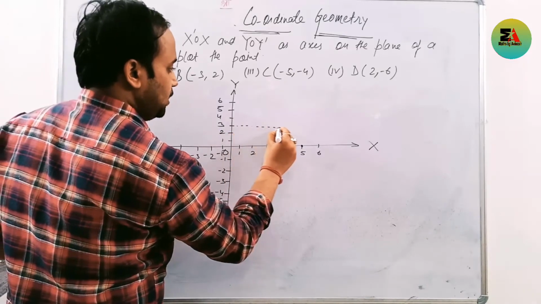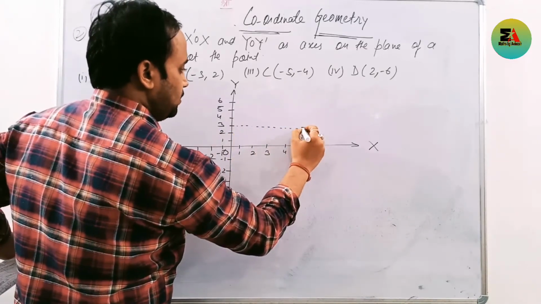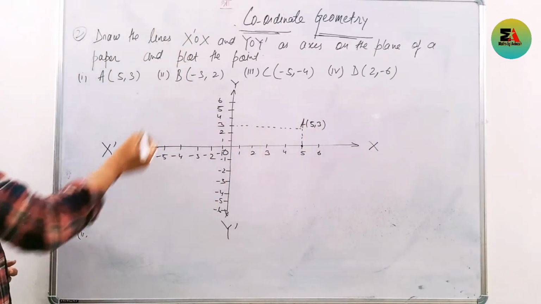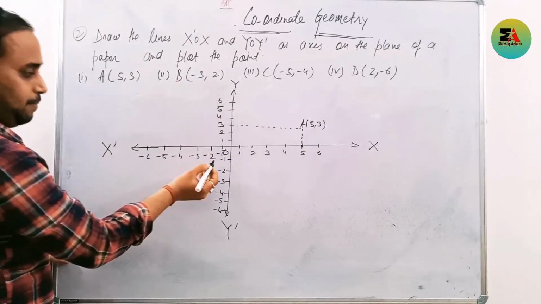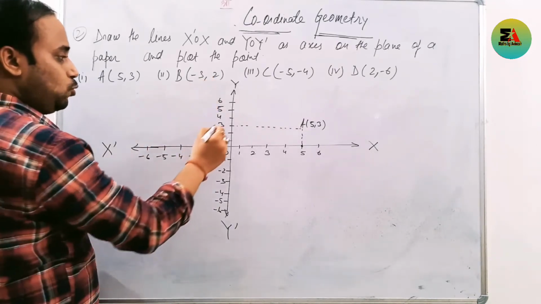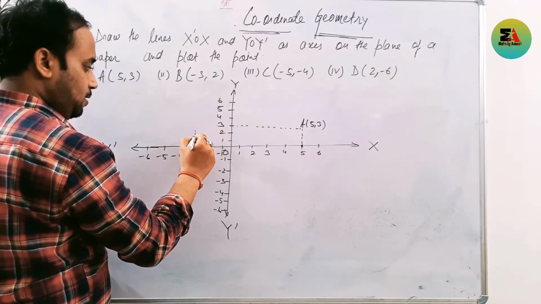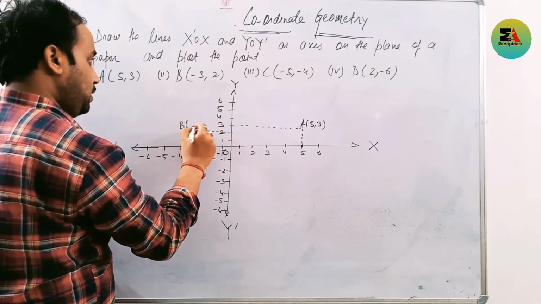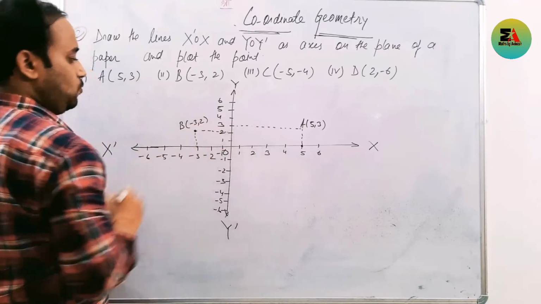We just have to plot it that way. (5, 3). That's it. Now the second one, B, x is -3. -3 is here, and y is 2. 2 is positive. Plot it here. This is our B, (-3, 2).